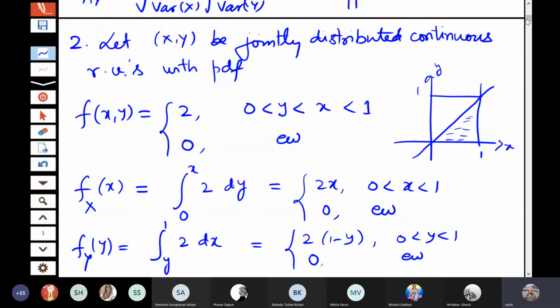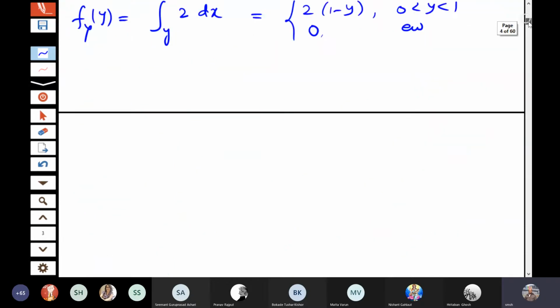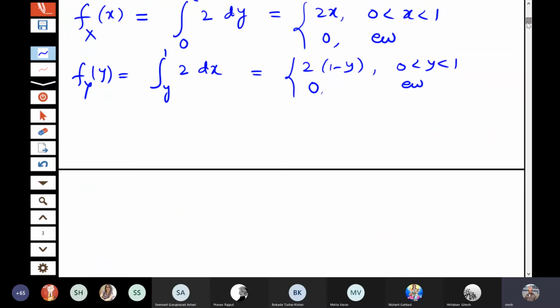So we are able to obtain the marginal distributions of x and y. So you can calculate the expectation of x, expectation of x square, variance of x, expectation of y square, and variance of y, etc. So what is expectation of x? That is the integral 2x square dx, that is 2 by 3.